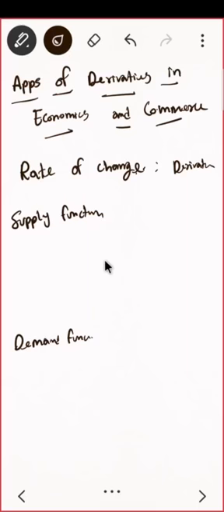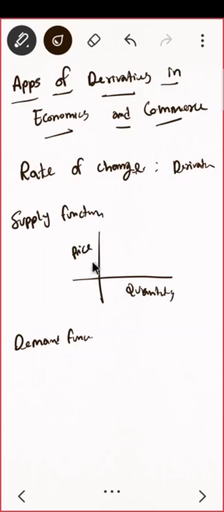Then there will be two functions, that is one is supply function, and one is also demand function, correct? So you must be knowing this part, that is when you are having, this is quantity and say this is price, that is a very famous graph.